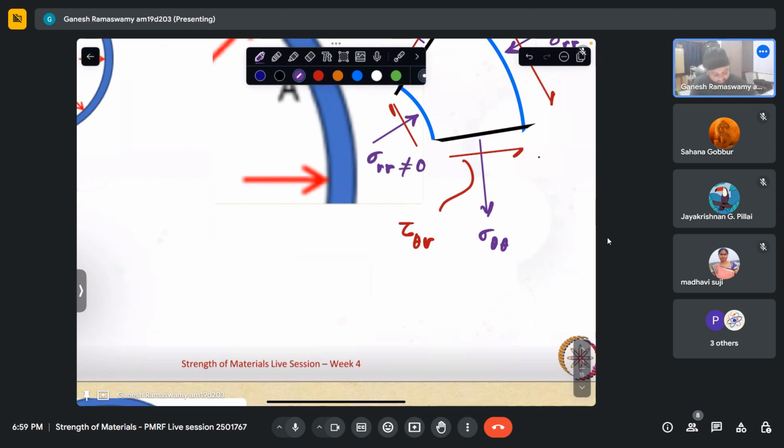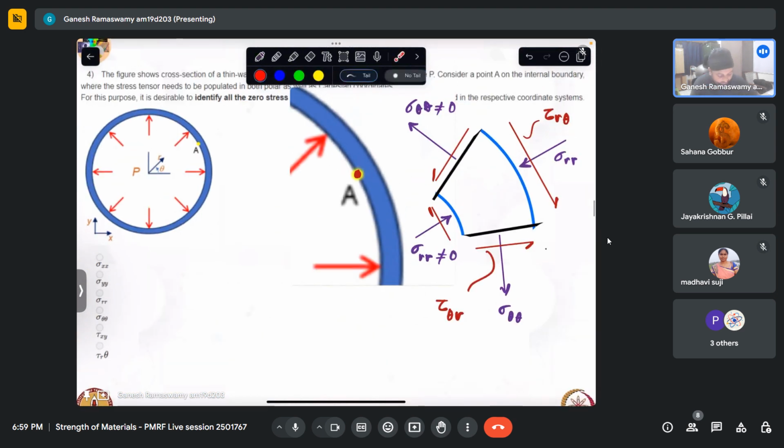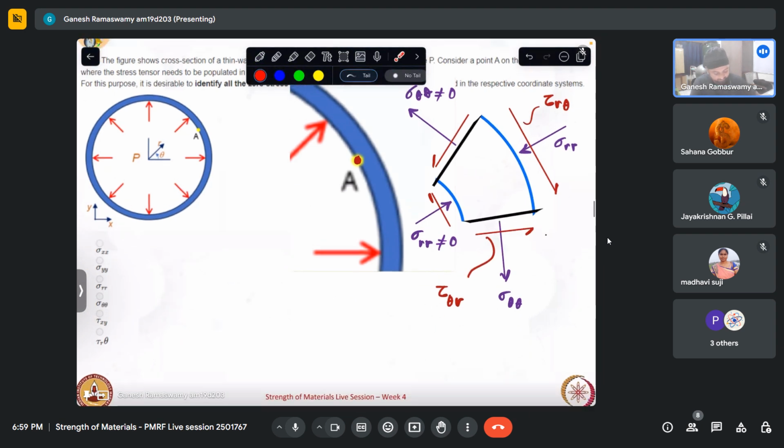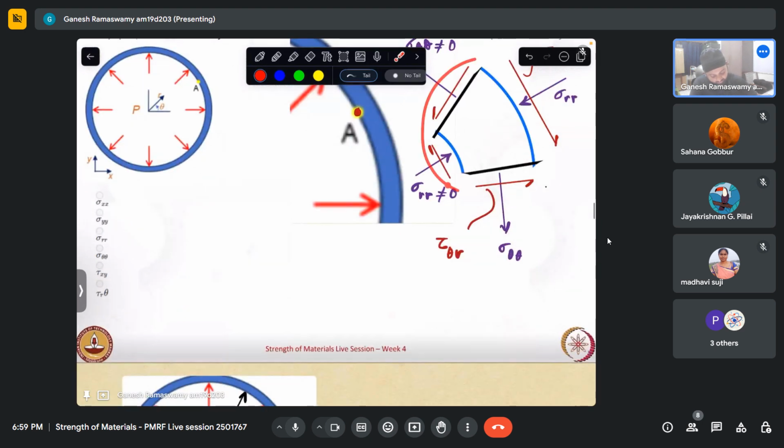Now coming to the third component in the polar coordinate system, which is tau r theta. Now we can see from the symmetry, let us say that this were to distort because of tau like this. Now the next element to this will be something like that. In that element from Newton's third law, we will have shear acting like this, which means both these shears cancel out. This goes radially around. So from the symmetry of the problem, there cannot be any shear stresses existing in the r theta plane because this circle still remains a circle.